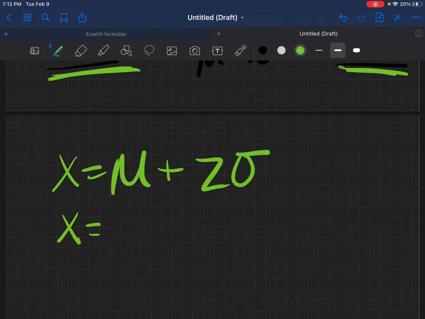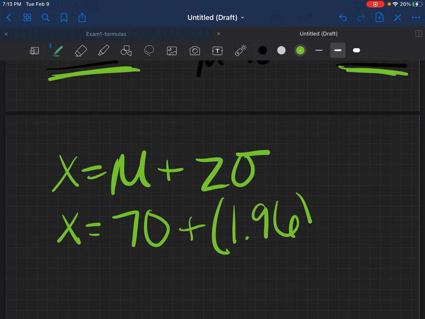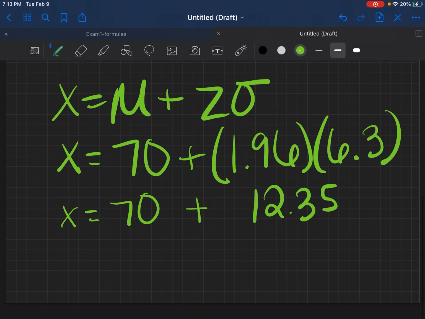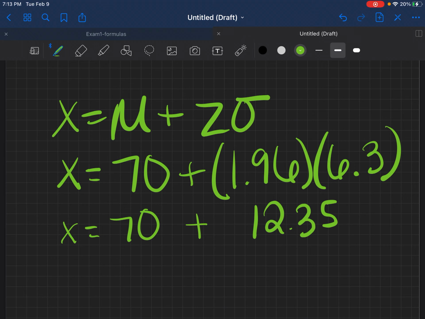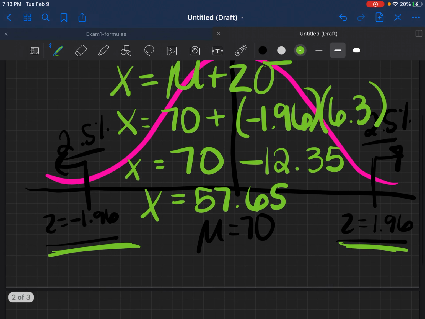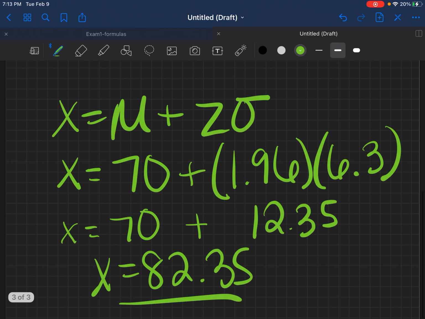Okay, so our mean is 70. We said this time we're going to do 1.96, and our standard deviation is again 6.3. 1.96 times 6.3 is 12.35. This time we're adding it instead of subtracting it. So 70 plus 12.35 is 82.35. This is our upper value, this is our lower value.